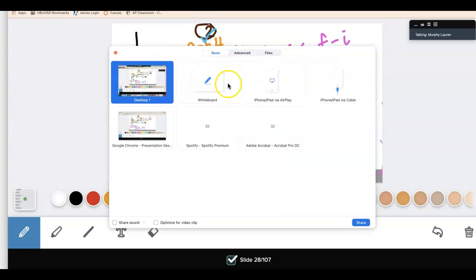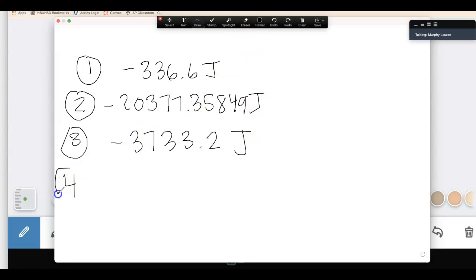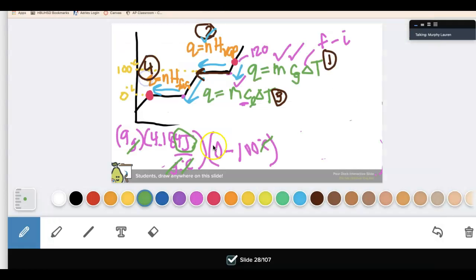And this number comes out to be negative 3733.2 joules. And we have one more equation. Okay, and that's this one.